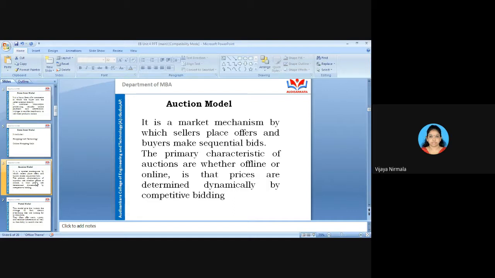The auctions which are conducted online have lower administrative costs and involve many more sellers and buyers.